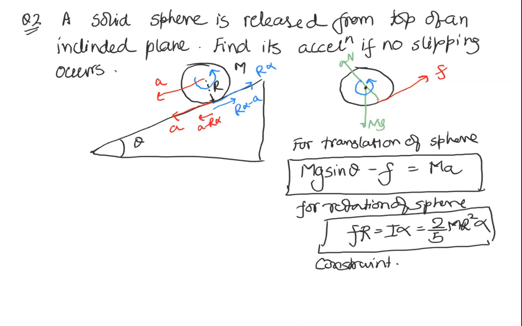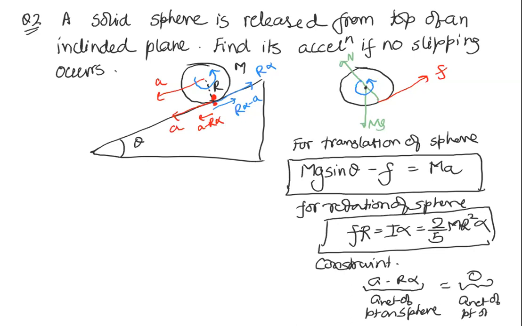But constraint tells me that the acceleration of this point and the acceleration of this point must be same. So therefore I have A minus R alpha, which is the A net of point on sphere, must be equal to 0, which is A net of point on wedge.